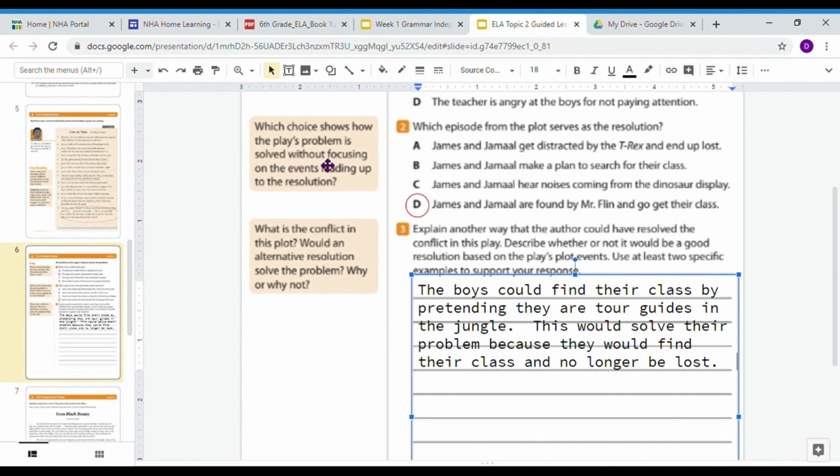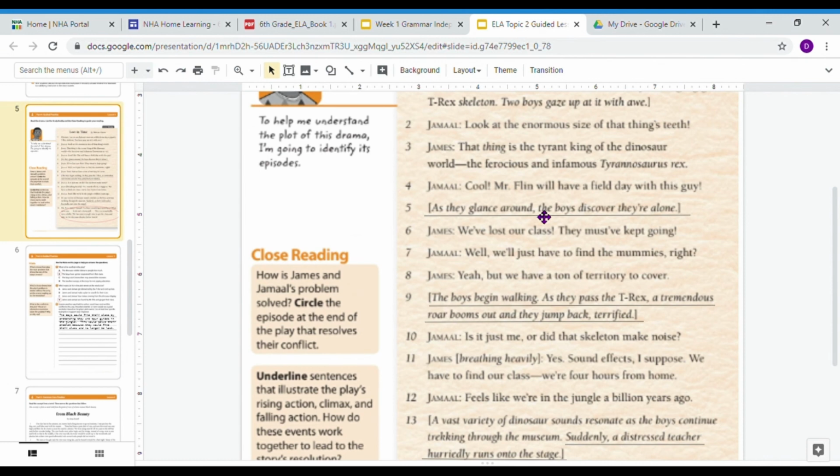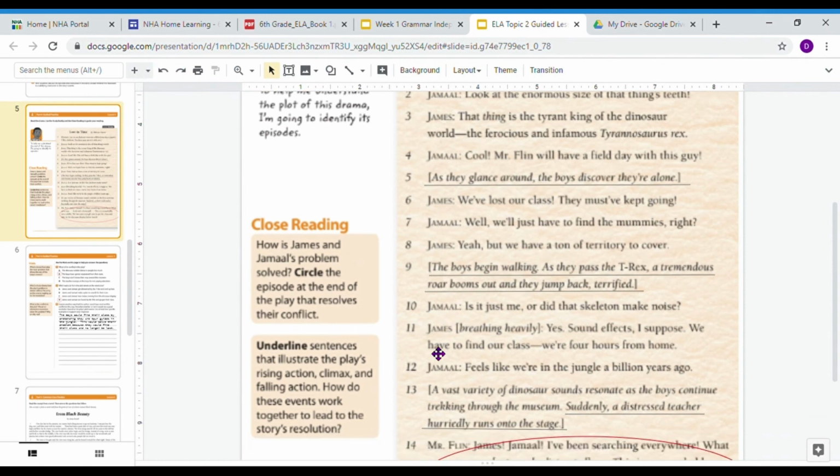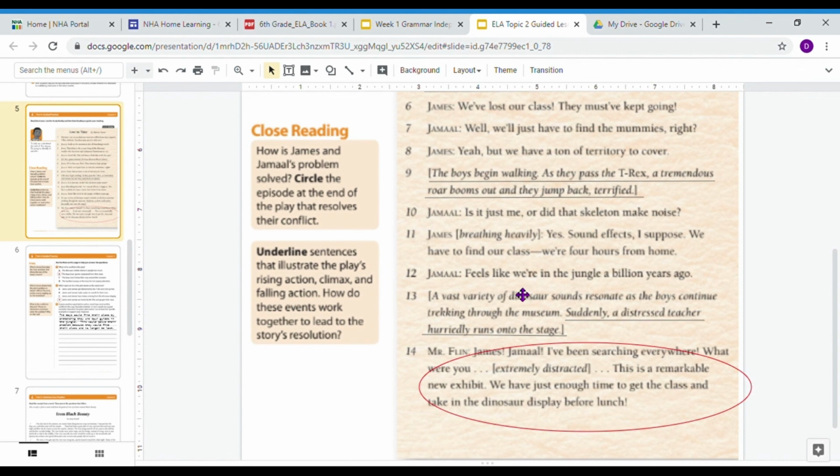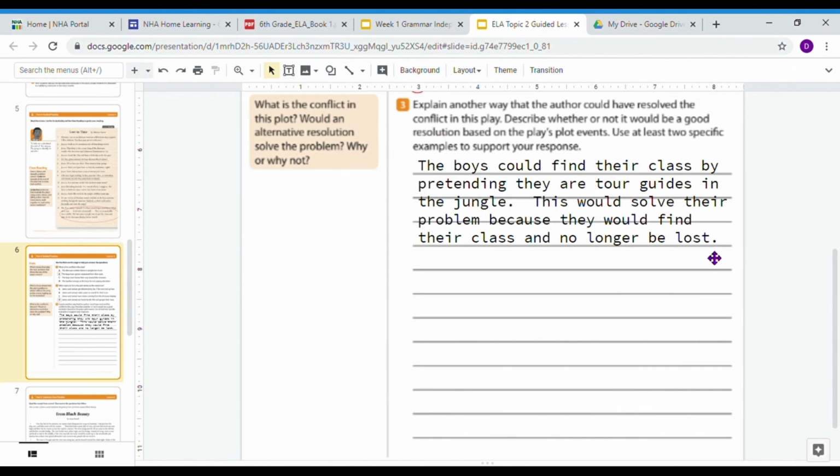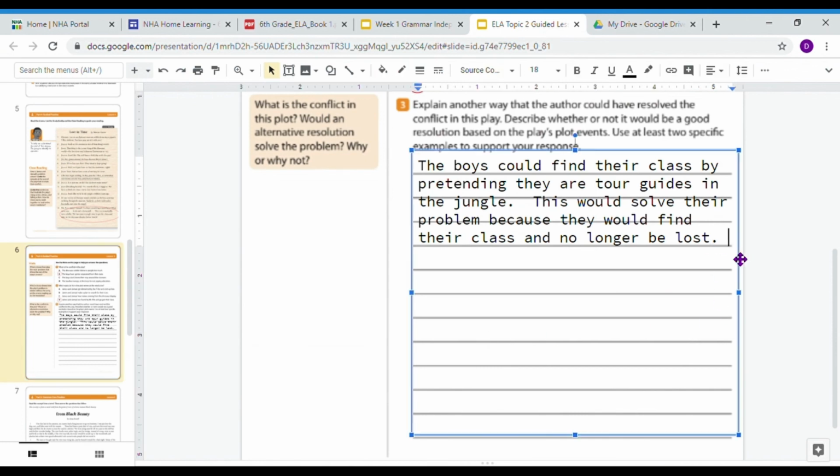And then going back into my text, I can see that they said, Jamal says, feels like we're in the jungle a billion years ago. So this sentence, number 12, is a really good specific example to support my response. So in line 12, Jamal says that it seems like they are in the jungle a billion years ago.